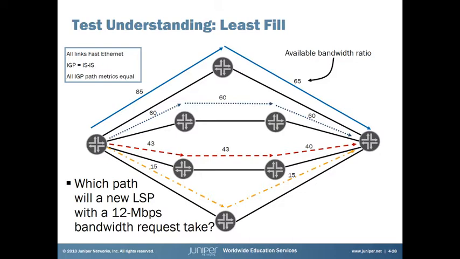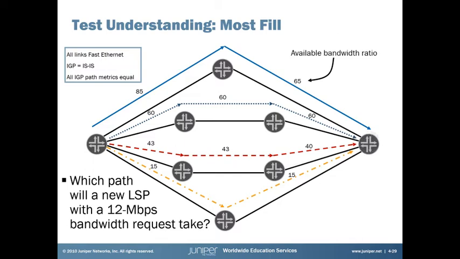Both paths have enough bandwidth to satisfy our 12 meg requirement, but if we are going to use the least filled option, the top path is least filled because it has 65% of its bandwidth available. So in this tie-break rule, the top path is going to be the one that is chosen.